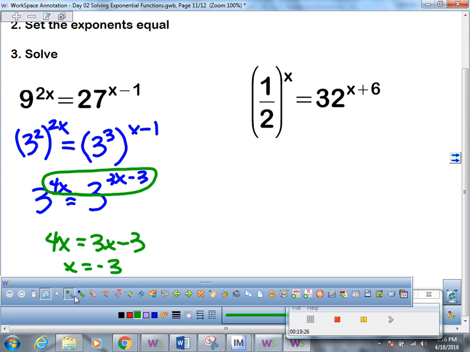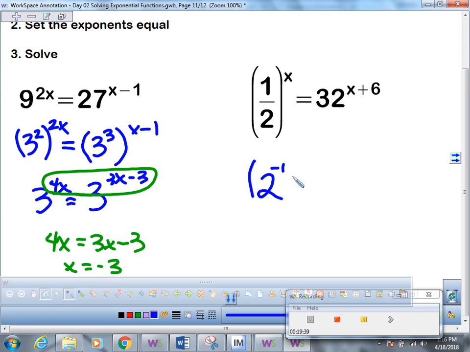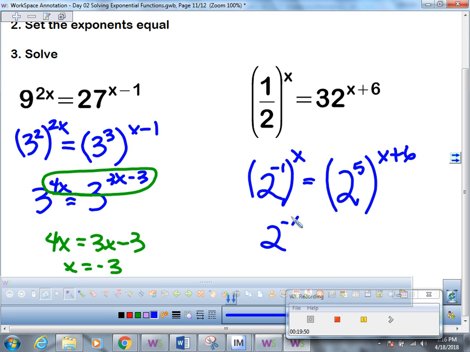Okay. 1/2 to the x. I can change 1/2 to 2. 2 to the what makes a half? Negative 1. 2 to the 5th is 32. So this is really 2 to the negative x equals 2 to the 5x plus 30.